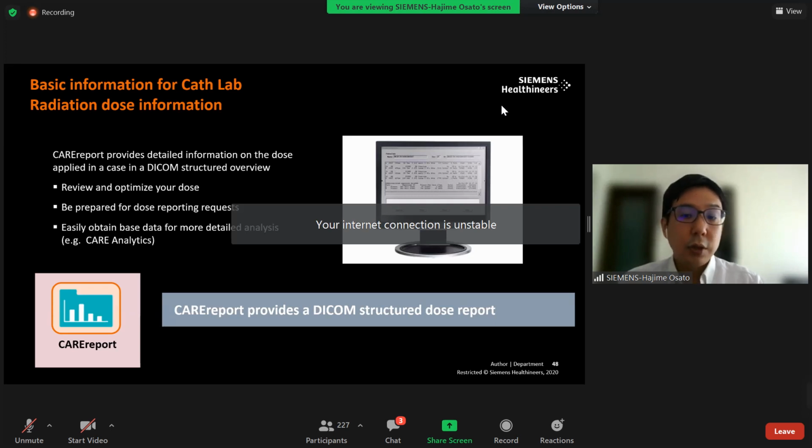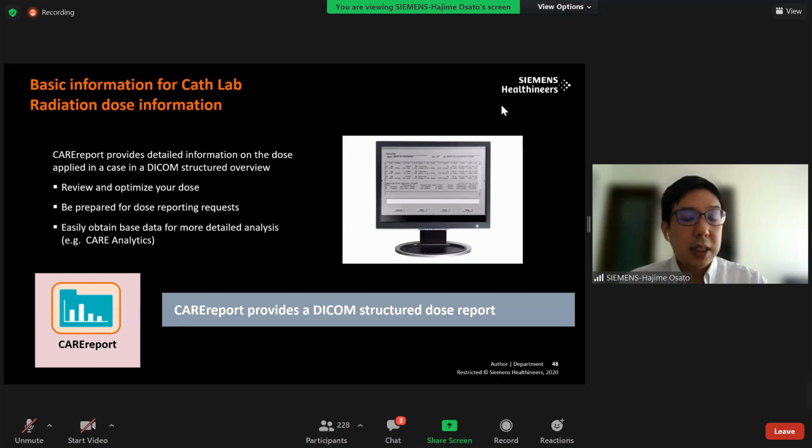So it is used for patient aftercare, right? This report is stored in DICOM format. The customer sends it to the PACS system or any dose analyzer system.